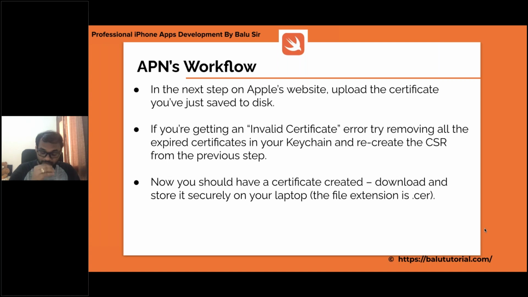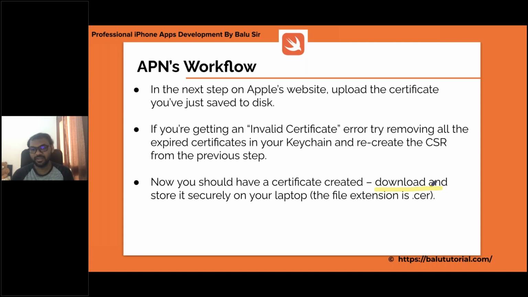So once you upload a CSR file, after validating the CSR file, it will create a certificate. Once the certificate is created, then you will get an option called download. Just download this one and store it securely, because this is a very important file.